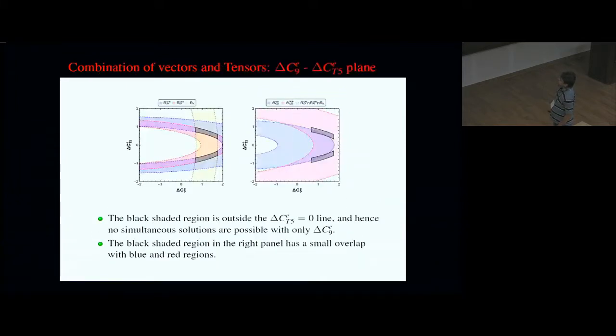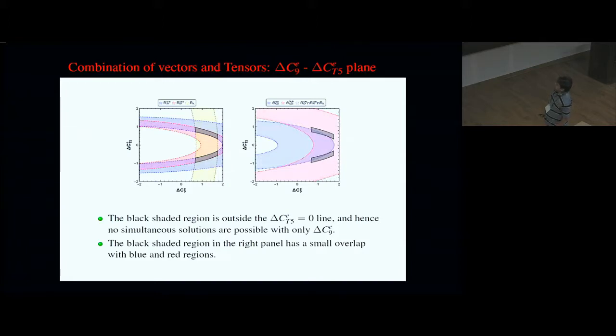Now let's move to the combination, one vector and one tensor, and here I'm considering C9e and CT5e. In the left panel, the blue region is for RK star low, red is RK star central, and the green-yellow is the RK. This black region is the overlap of all the allowed regions.